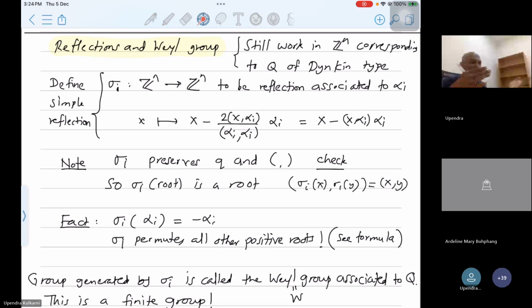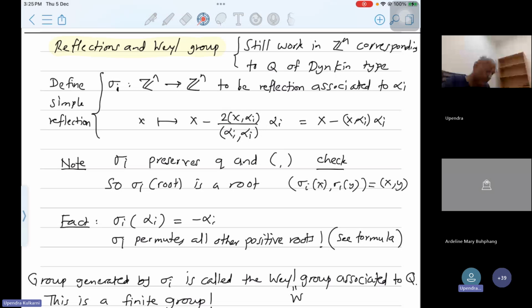It is identity on something, and it's sending a basis to a basis. So it's a bijective map. So it's just going to permute the other positive roots. Okay. So how does this come about? Again, this fact is also going to be very important for the root systems that you will encounter in the Lie algebra course.